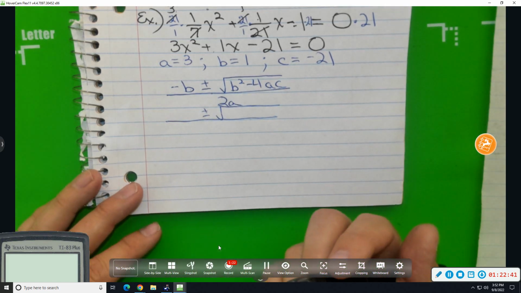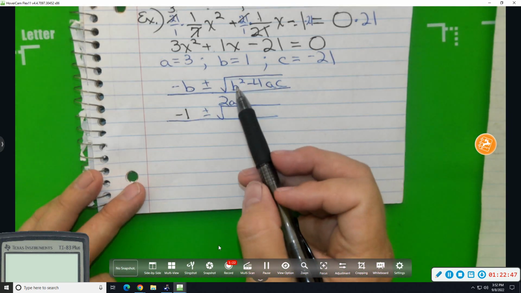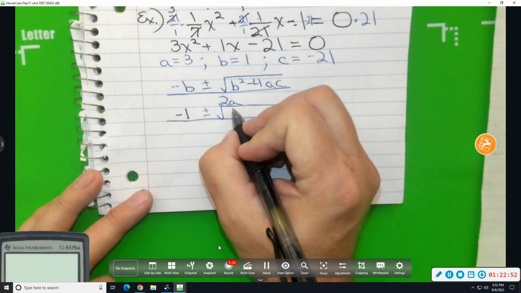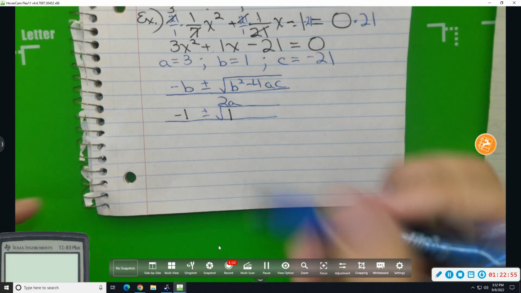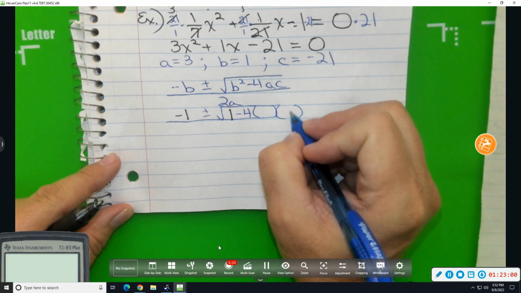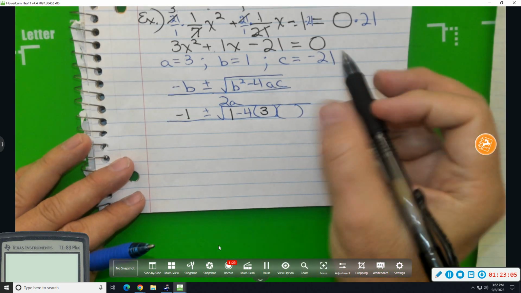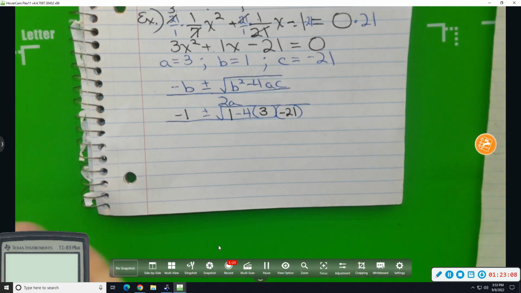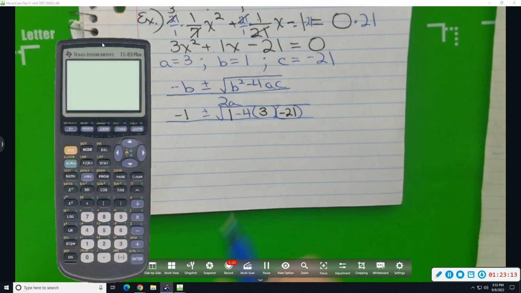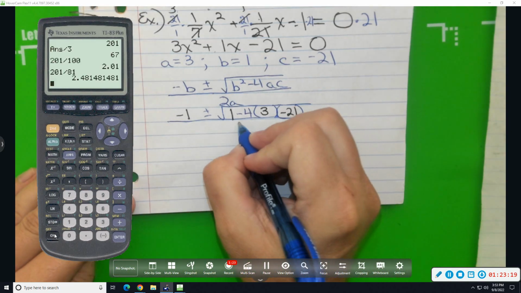The opposite of positive 1 is negative 1, b squared, 1 times 1 is a 1, minus 4 times a times c, all over, what's the denominator going to be? 2 times a. 2 times 3 is 6.